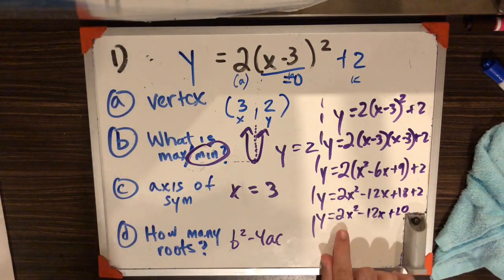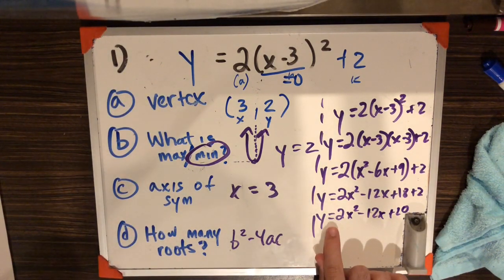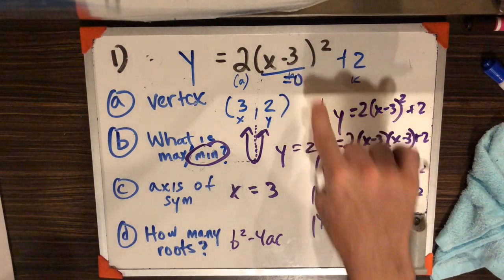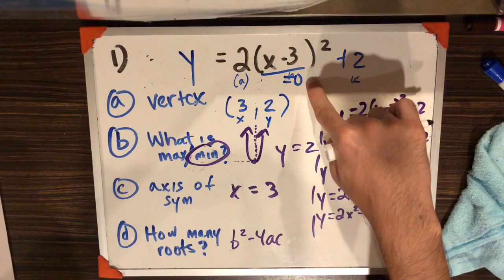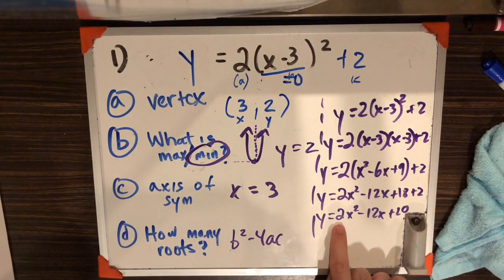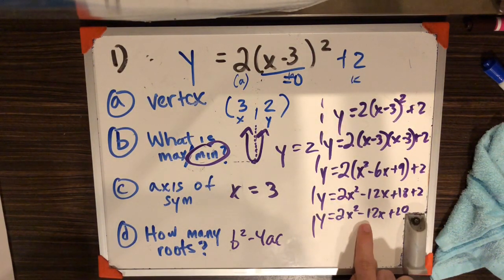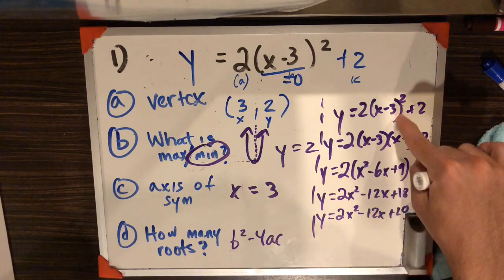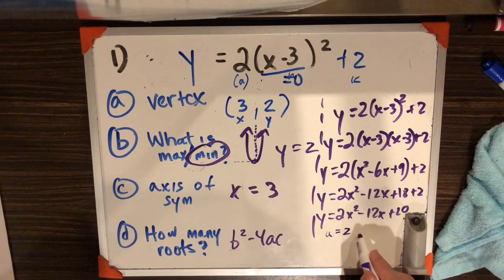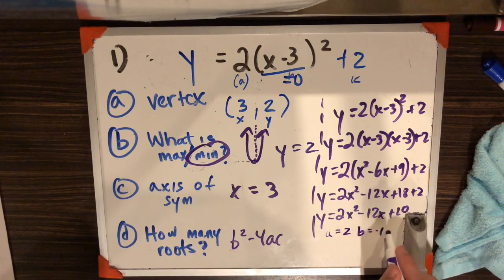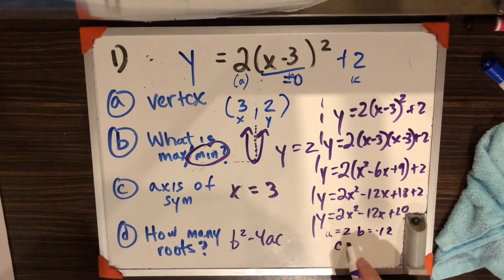Alright, so I do figure out my equation, which is, again, this is in standard form, this is in vertex form. I do figure out that it is y is equal to 2x squared minus 12x plus 20. Again, I just simplified. That means a is 2, b is negative 12, and c is 20, okay?